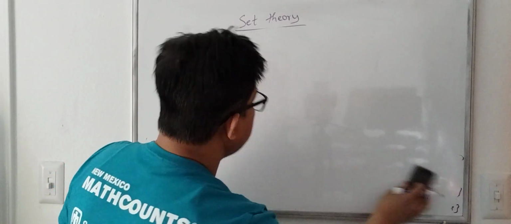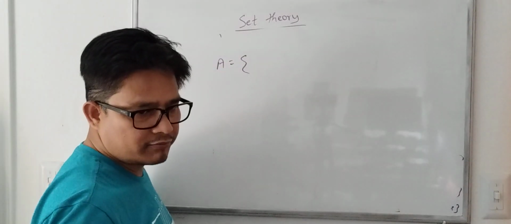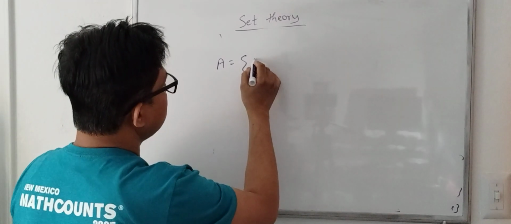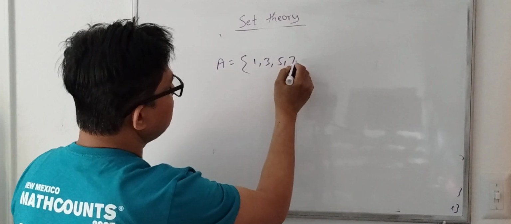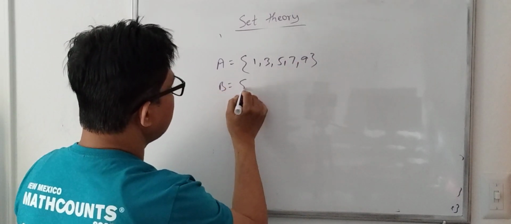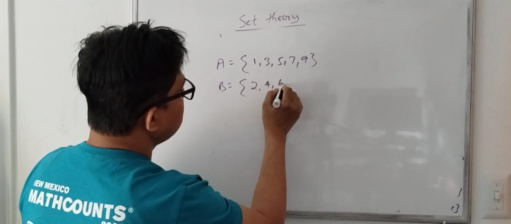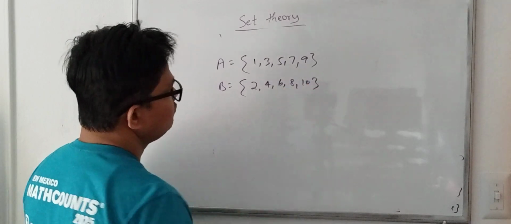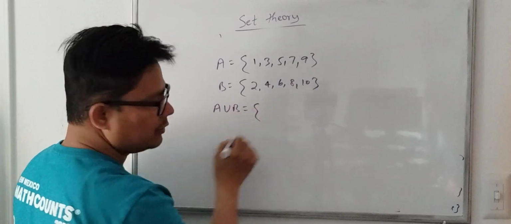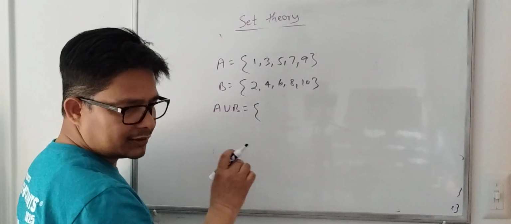Let's say A is the set of all odd numbers up to 9: 1, 3, 5, 7, 9. And B is the set of all even numbers up to 10: 2, 4, 6, 8 and 10. So what will be A union B? What did I tell you a few minutes ago?